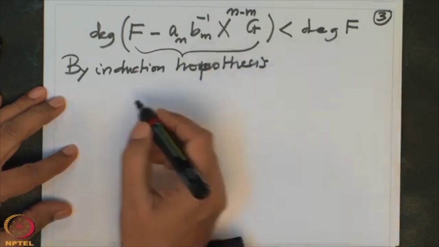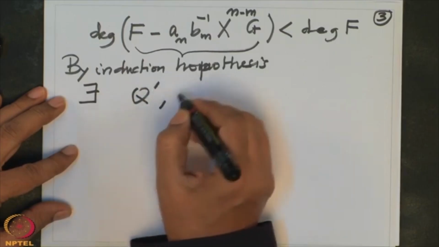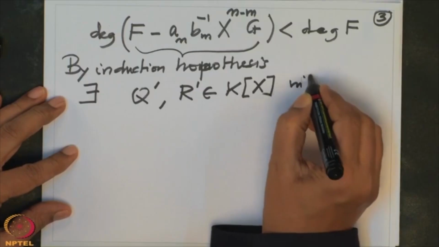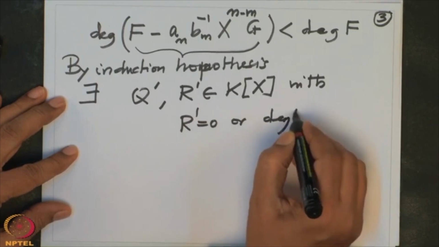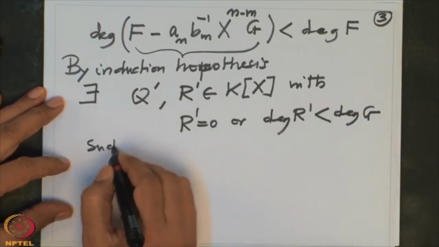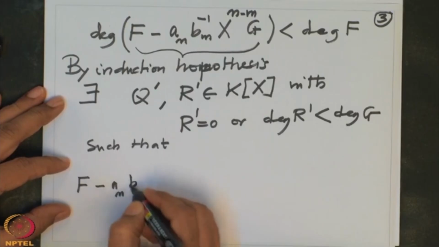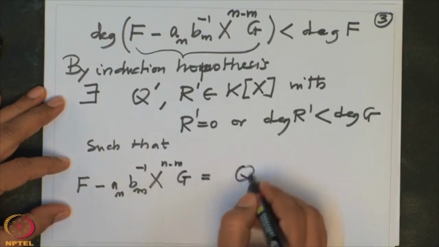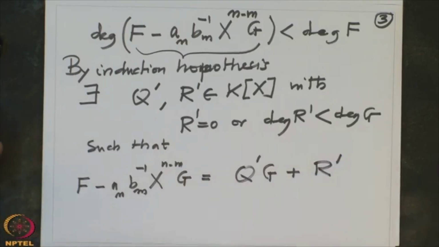This degree is smaller, so by the induction hypothesis, there exist q prime and r prime, two polynomials with either r prime is 0 or the degree of r prime is strictly smaller than the degree of g, such that this polynomial f minus an bm inverse x power n minus m g is equal to q prime times g plus r prime. This is the induction hypothesis.